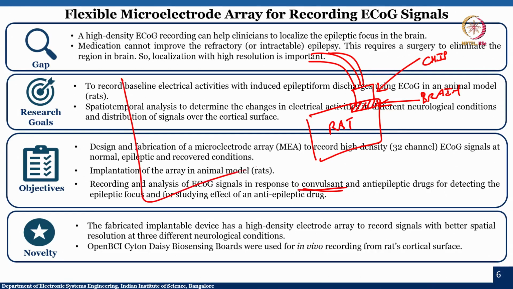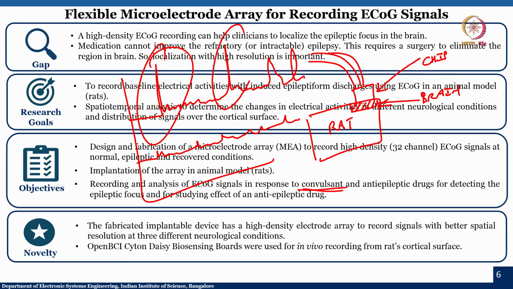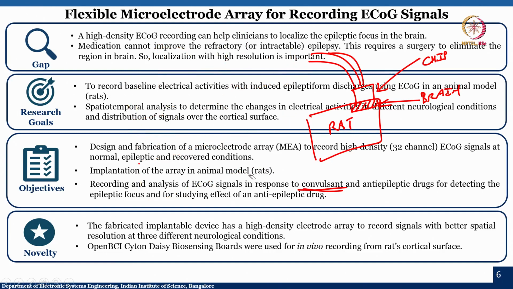Once you have the epileptic episode, you see discharges compared to the normal signals without the convulsant, something like this. This episode occurs because of the epileptic activities created in the brain of the rat.